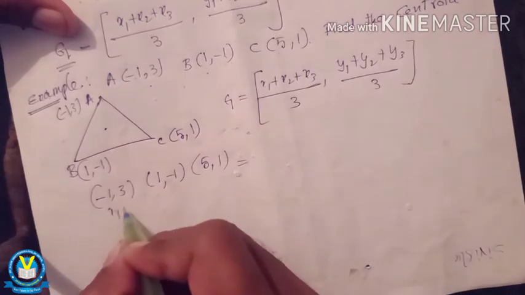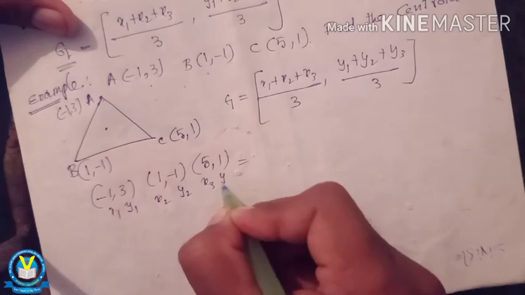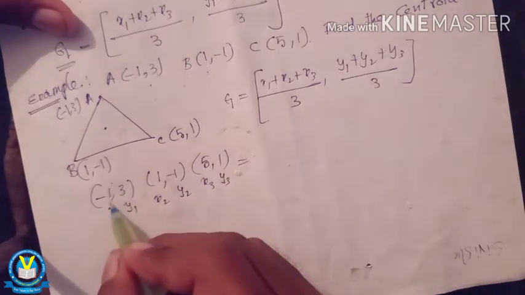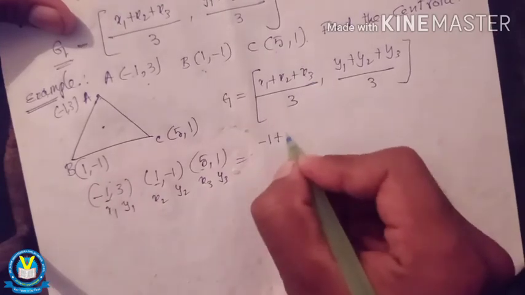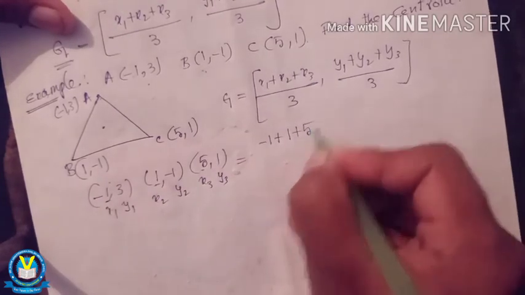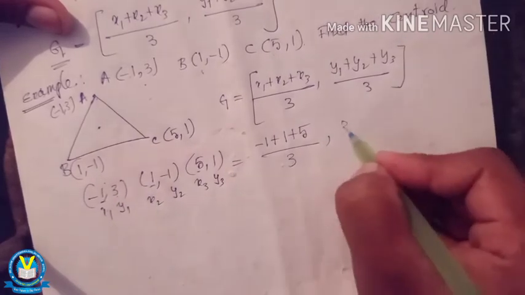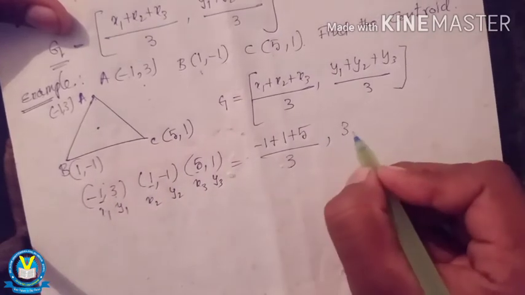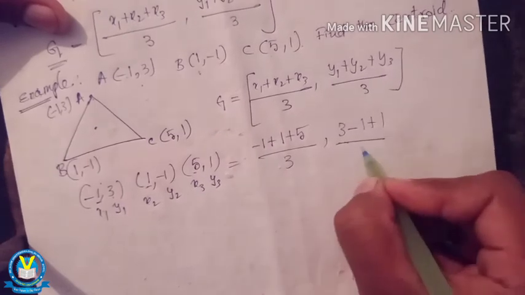This is x1 y1, x2 y2, x3 y3. These are x1, x2, x3. So minus 1 plus 1 plus 5 by 3, comma, 3 plus minus 1 plus 1 by 3.